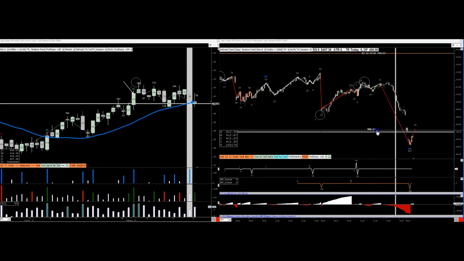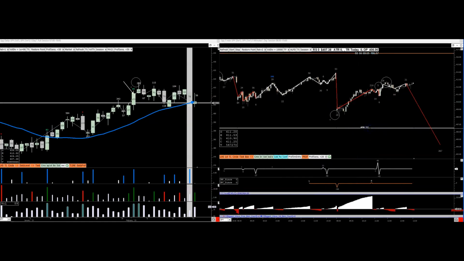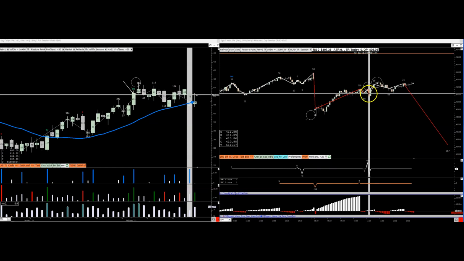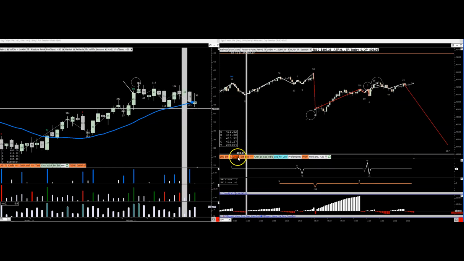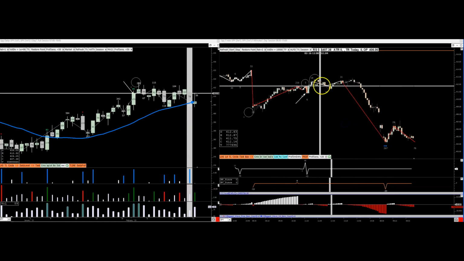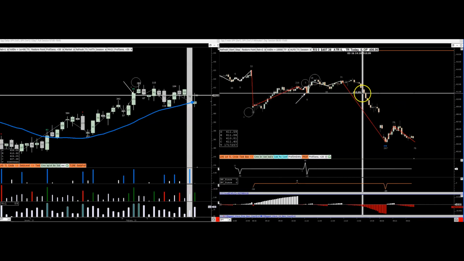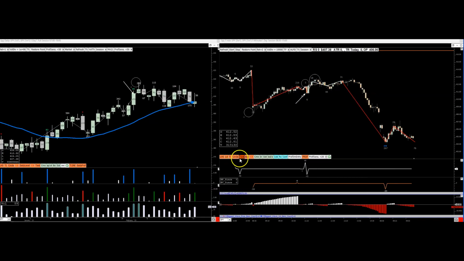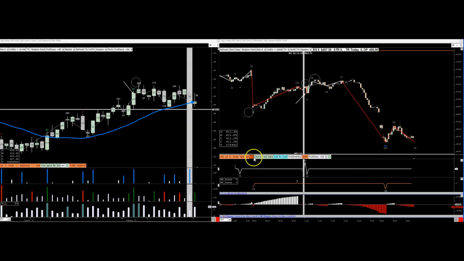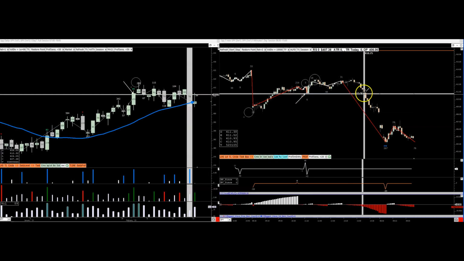Where is the markdown bar? Okay, this is a little subjective, but this is actually one here. All right, and then I'm going to look for the break. I think this one would be right.